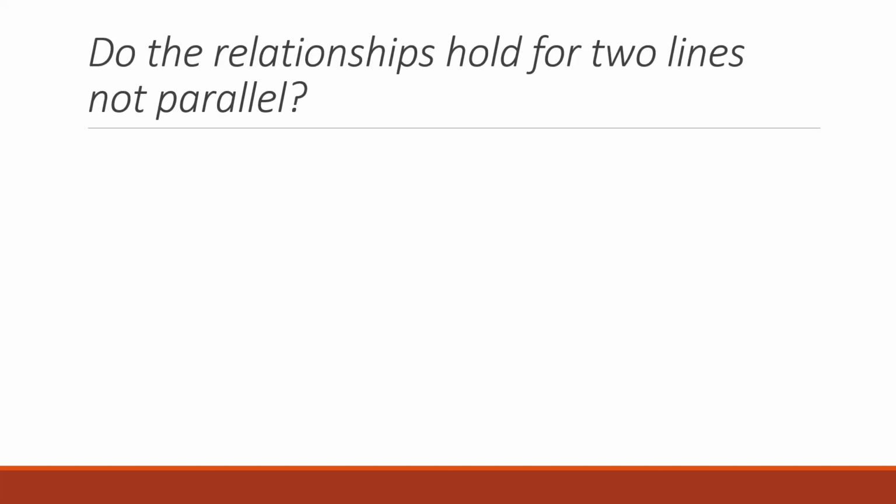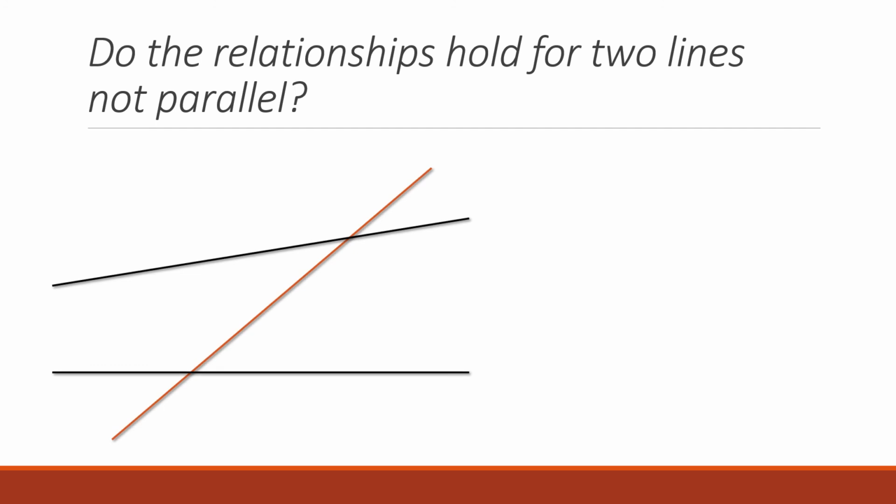One final question we can ask is, do the relationships hold for two lines not parallel? Let's say we start with two black lines, obviously not parallel, and a transversal line. We can ask things like, do the corresponding angles match? Are they equal?